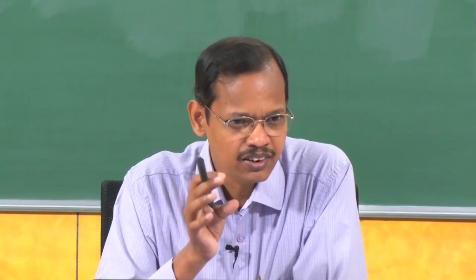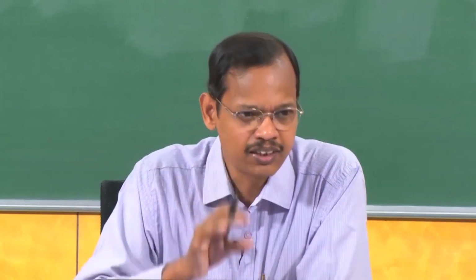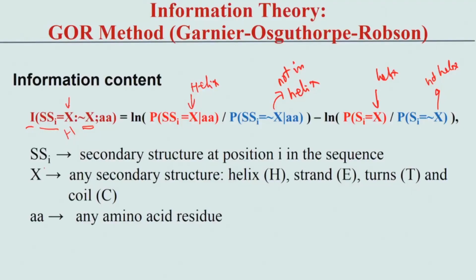Here you can see SSi is the secondary structure at position i in the sequence, and X is any secondary structure; they can do it for 4 different secondary structures: helix, strand, coil and turns, and AA stands for any amino acid residue. You can use this equation to get the preference of any residue.